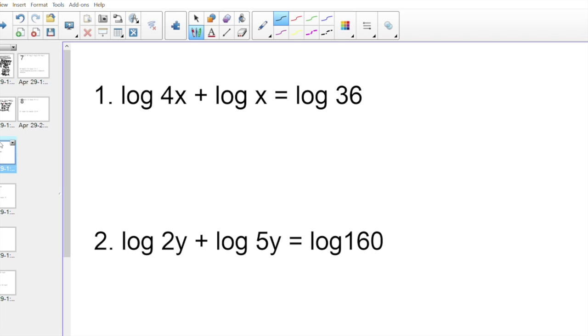Number 1. So you're taking the log of 4x plus the log of x, and you're trying to determine what x is equal to. What is this letter replacing? So if both of them had log previously, then you were taking the log of 4x times x.